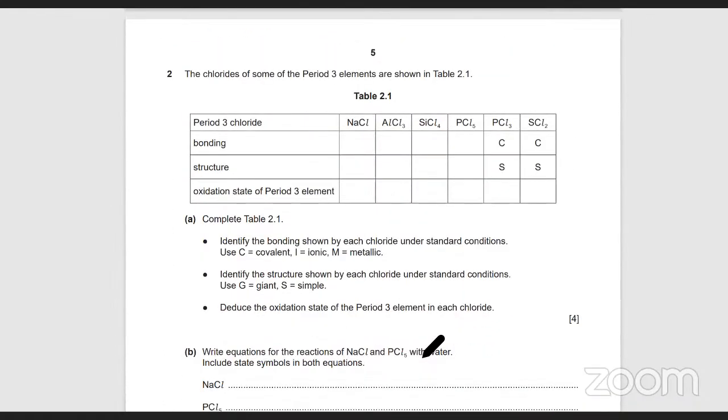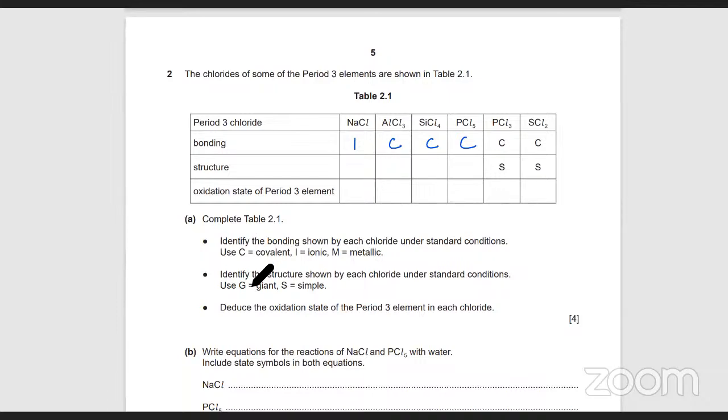Agla part, it's about period 3. NaCl is ionic. मेरे ख्याल से उससे I is for ionic. AlCl3, remember, is covalent. As said, the rest are all covalent. Structure, NaCl is giant.